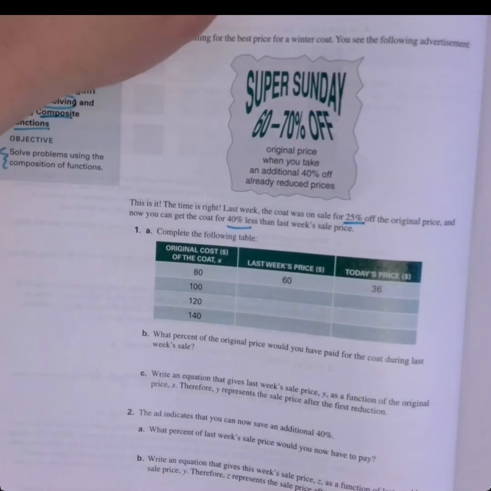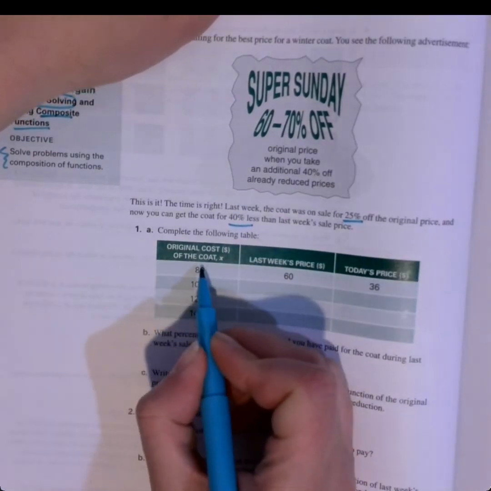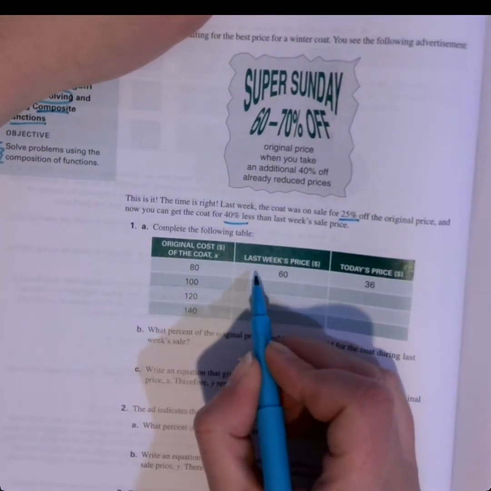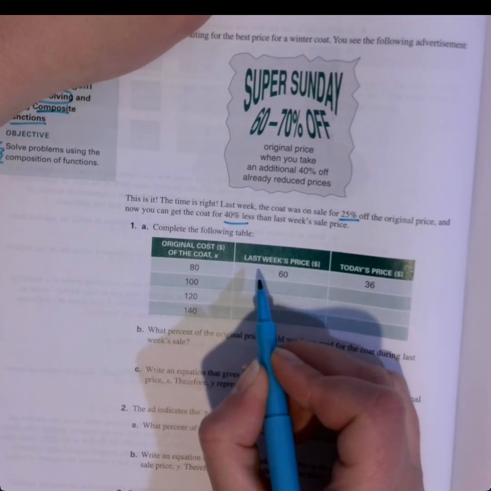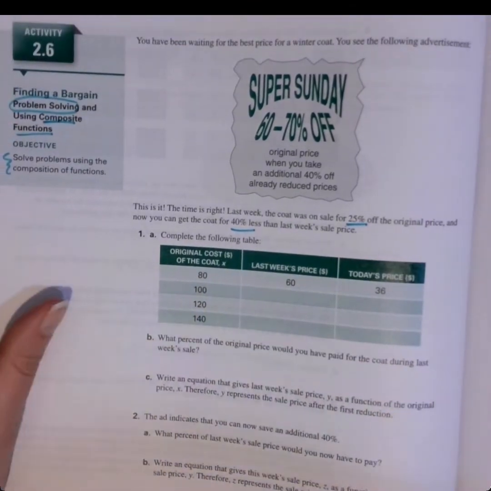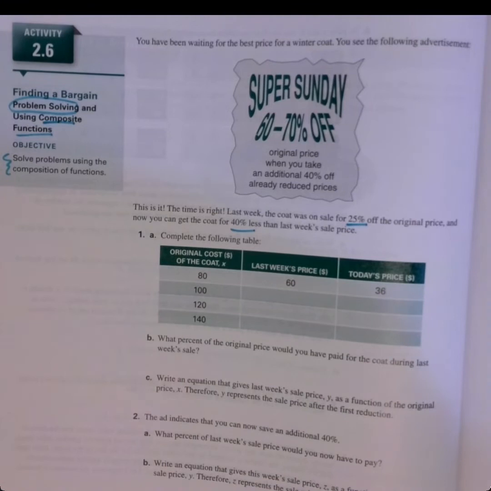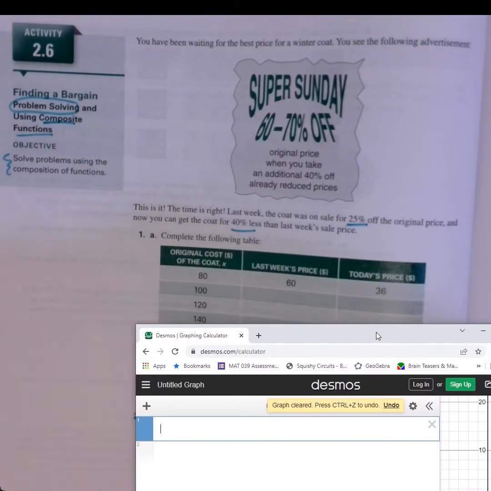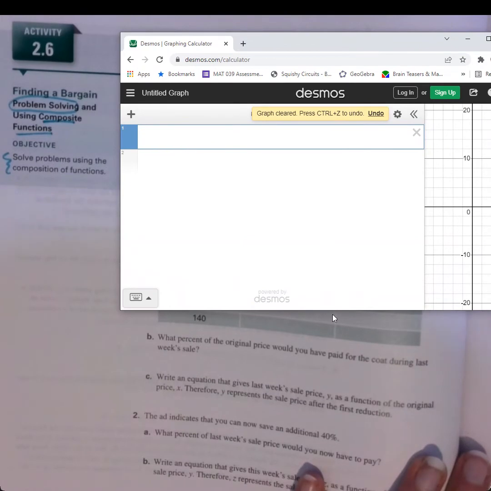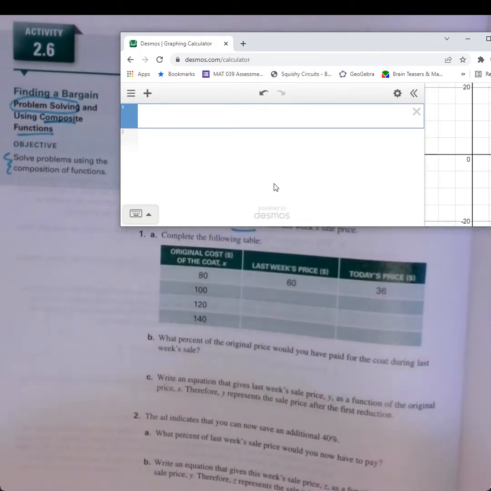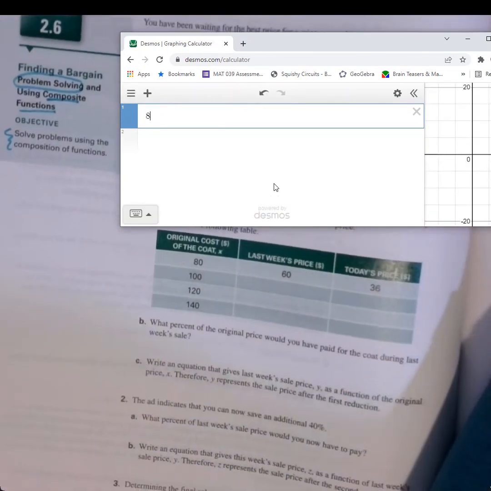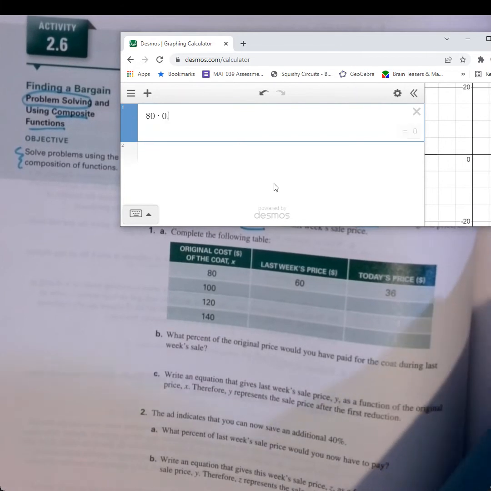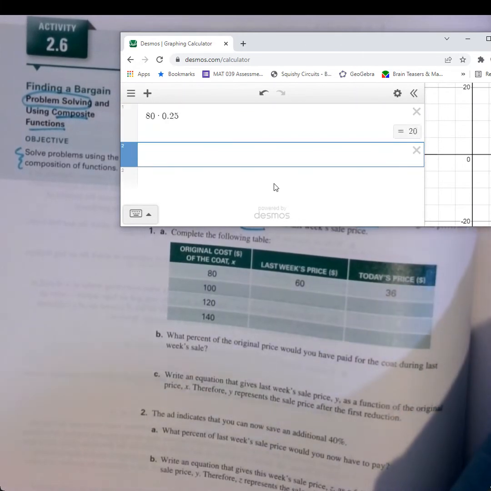So if it was originally $80 and we saved 25%, let's do the calculation on this one too, just to figure out where these numbers are coming from. If it was $80, and I saved 25%, that's a savings of $20.